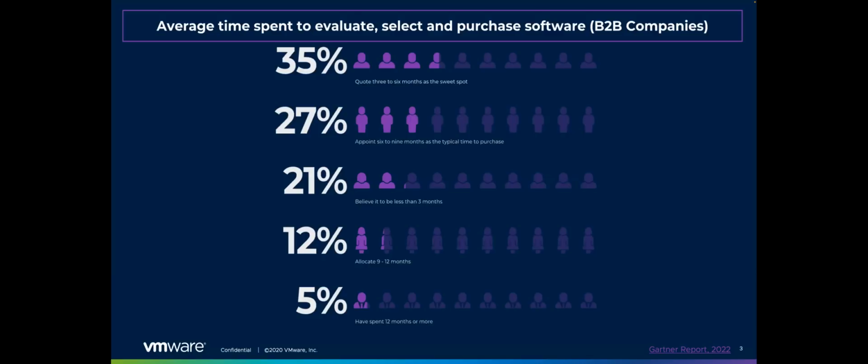Only 21% of the businesses that responded to this survey believed that they spent less than 3 months looking and procuring SaaS products. However, 80% of the businesses spend over 3 to 6 months to a year to find a software product that fits step by step to their strategy.